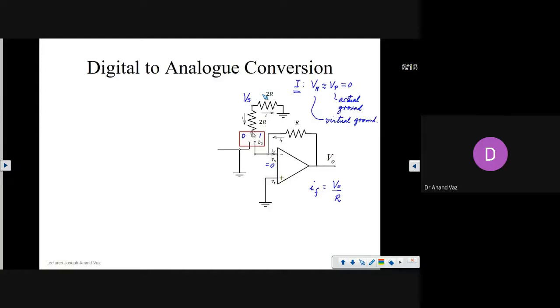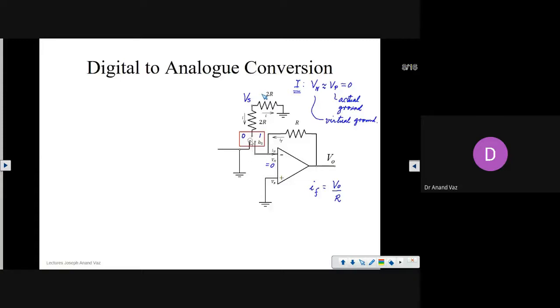If you have a look at this part, you will see that you have a resistance of 2R over here and a resistance of 2R over here. One end of both these resistors is connected to the supply Vs. The other end is grounded here, and depending upon whether it is oriented towards the left or towards the right, it will be 0 in either case.